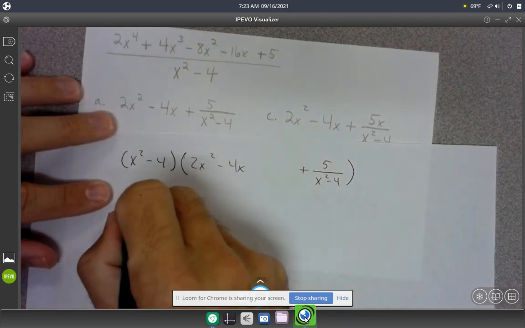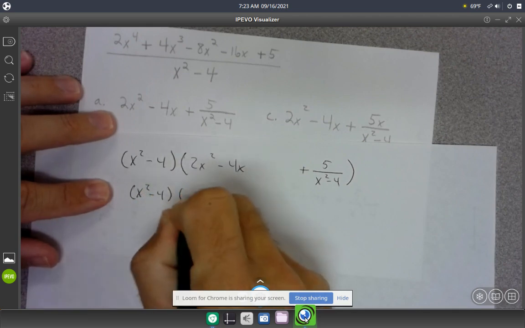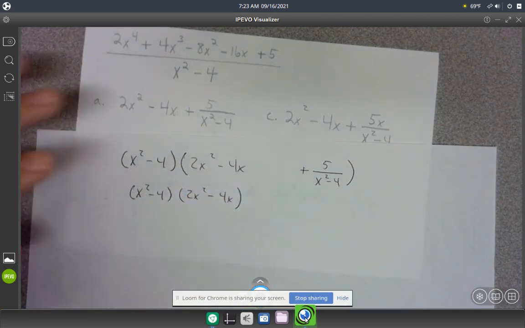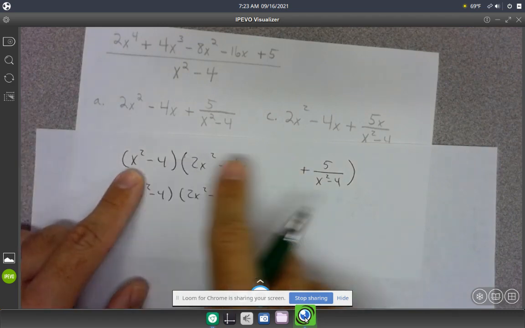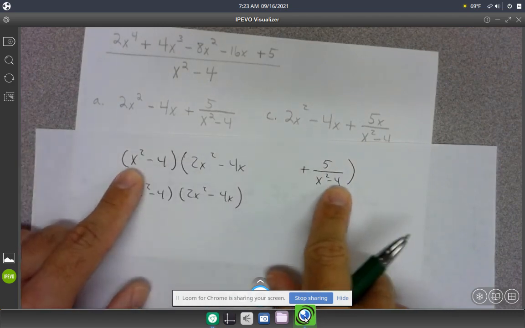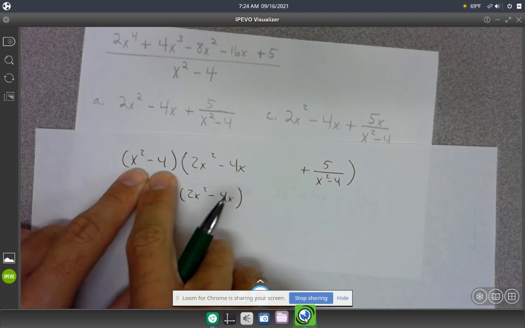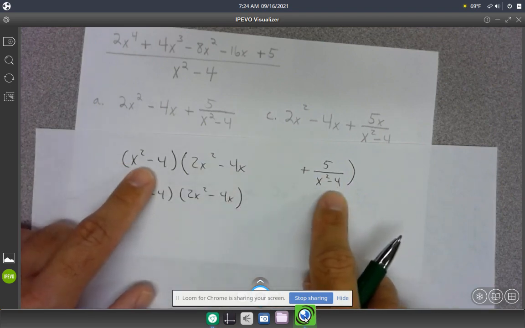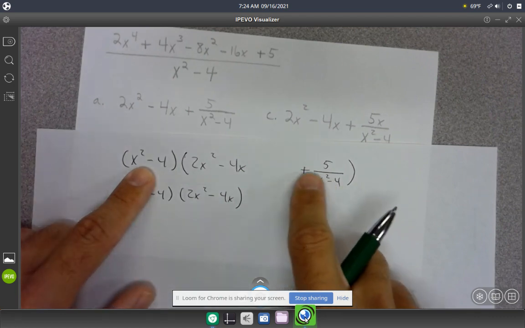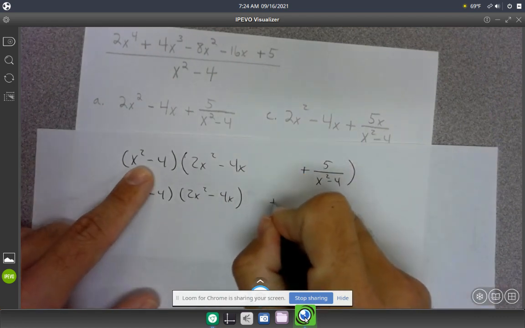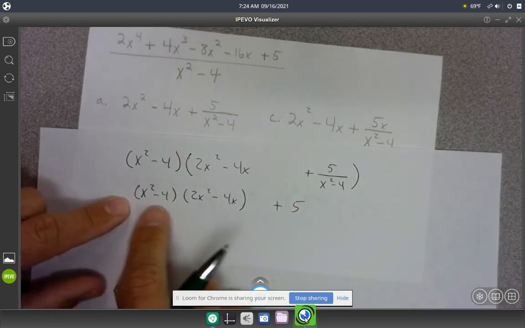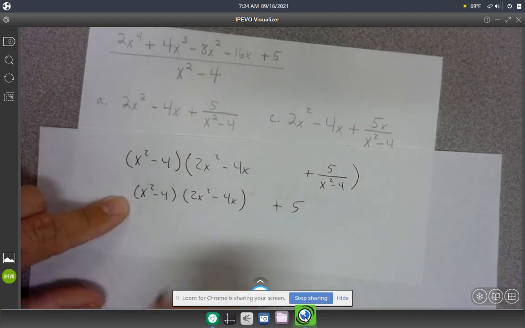When you do x squared minus 4 times this piece over here, the x squared minus 4's just cancel out, and you're left with that positive 5. So that's all that we're left with there. I just need to work out this part mostly.